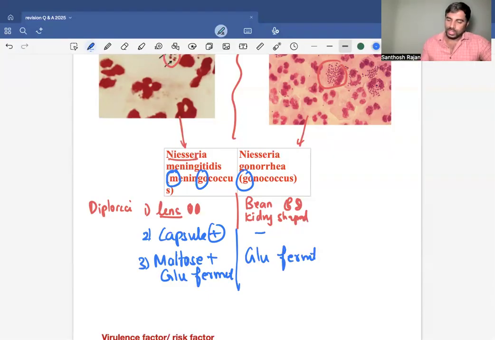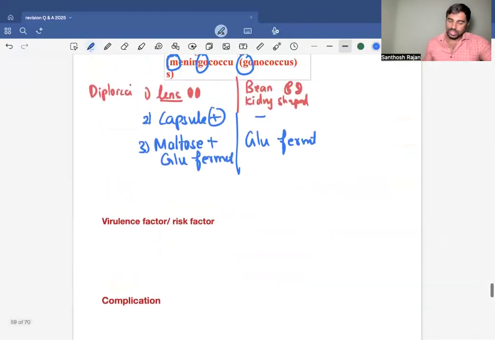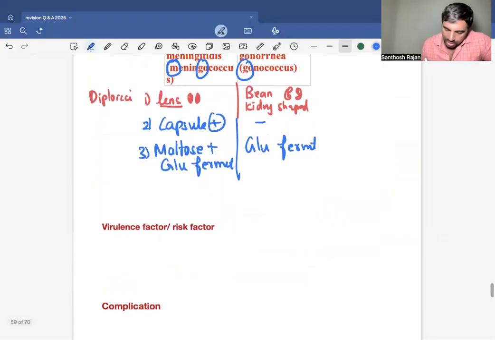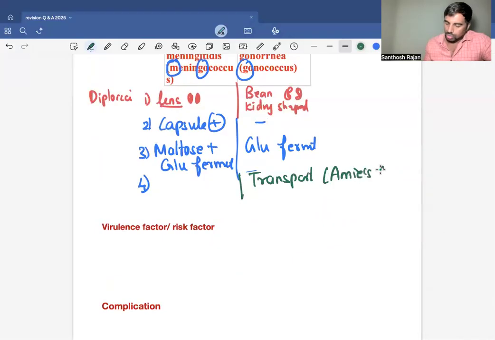Otherwise, transport media. We need transport media for gonococcus here; for meningococcus we don't need it. Otherwise, other medias are common.